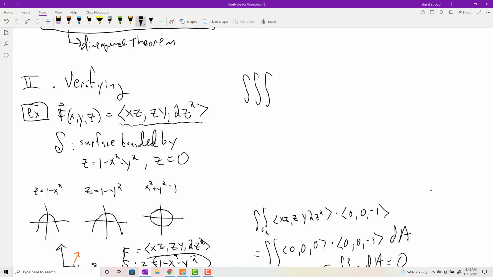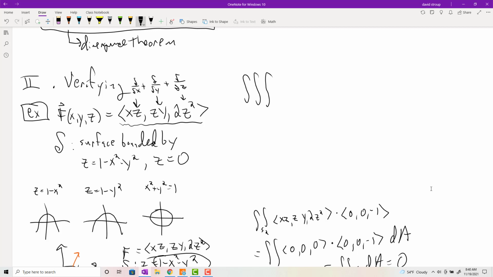It's basically just sum the components: you take the derivative of each of the components. So you need the derivative with respect to x of that guy, plus the derivative with respect to y of this guy, plus the derivative with respect to z of this guy.